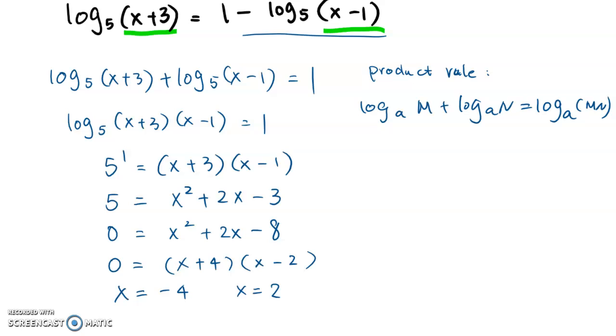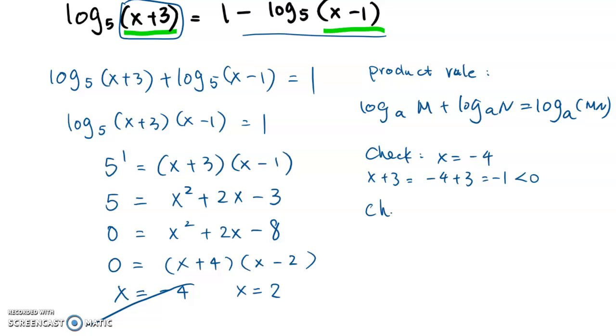So first, let's check for x equals negative 4. If you plug in negative 4 into x plus 3, you have negative 4 plus 3, which is negative 1. This is negative, right? Not positive. So we know an argument needs to be positive. So x equals negative 4 is not a solution.